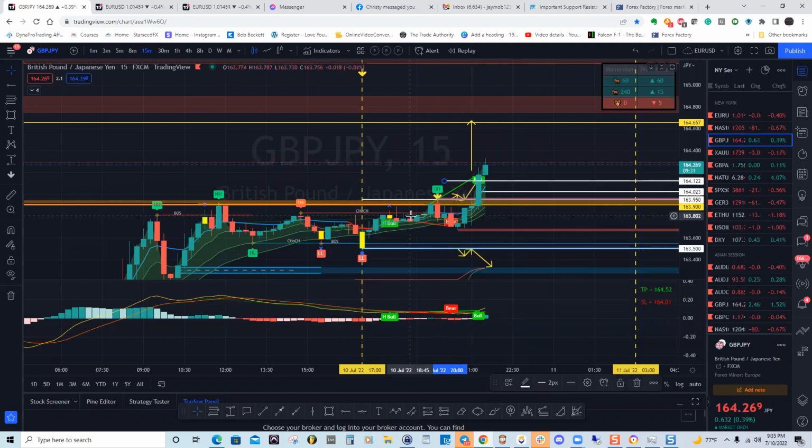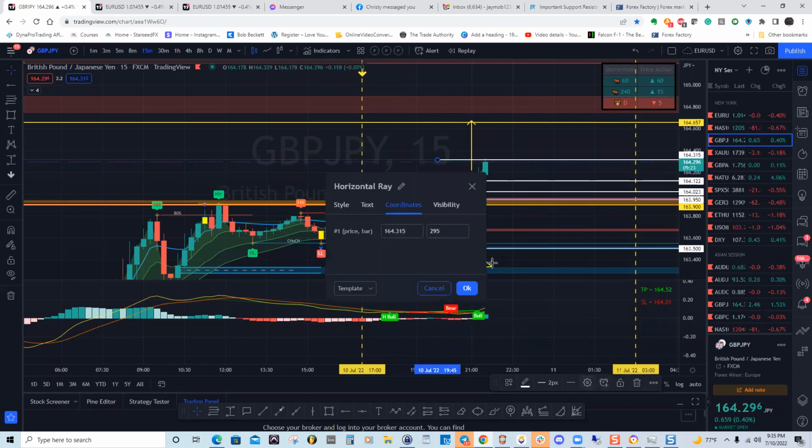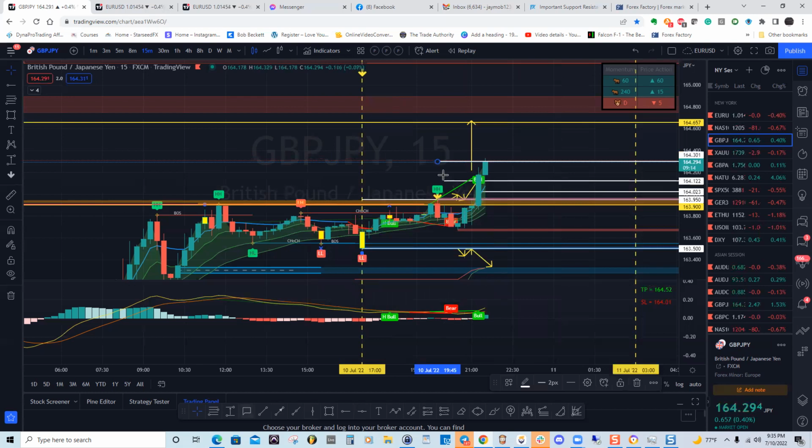And it's 164.301 now. So I am up, let me see, from here to here, 17 pips.